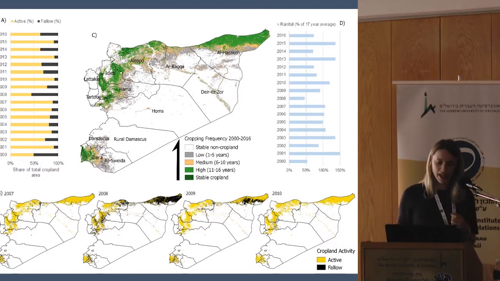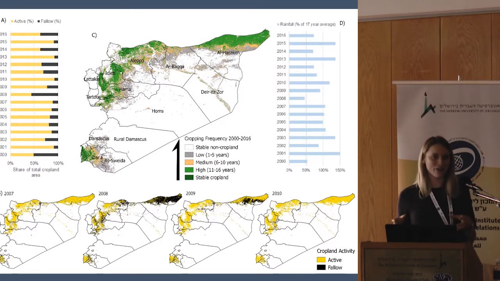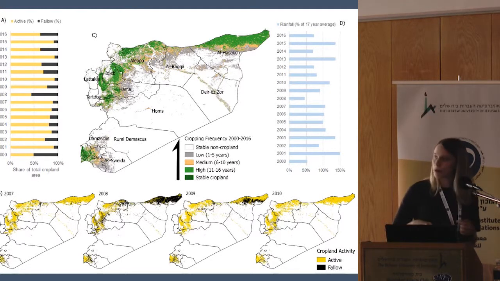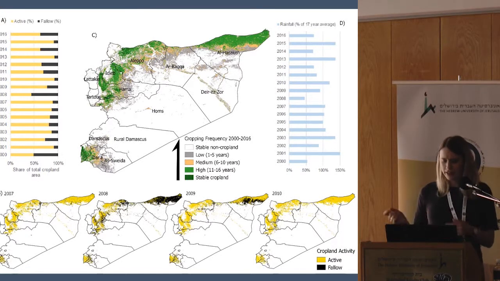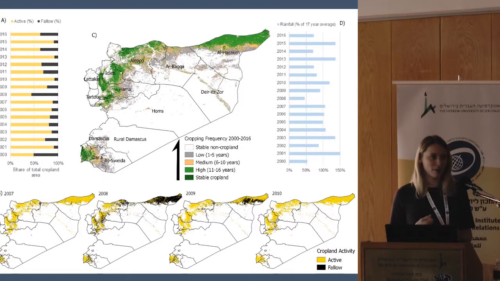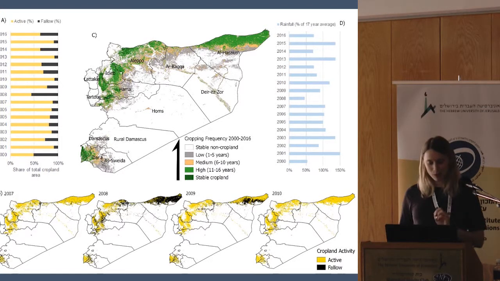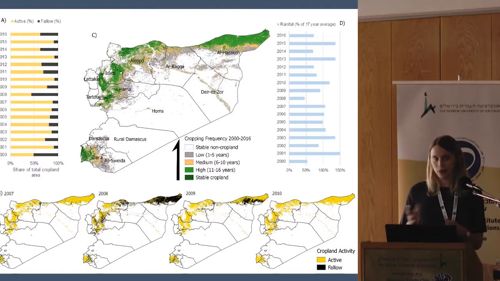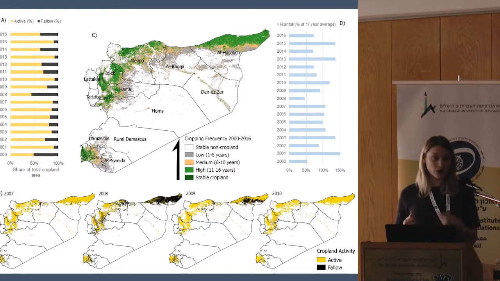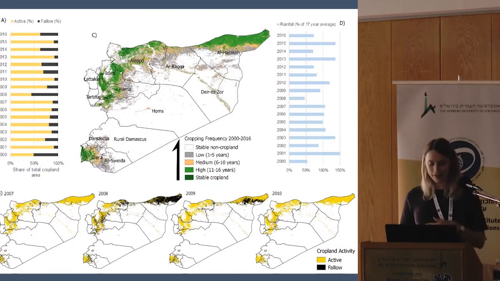But then in 2009, you see some recovery, and in 2010, you have a really high share of cropland that is active again. And if we go to the maps in the bottom, you see where these changes are happening. So in 2007, most areas are yellow, it's active. In 2008, you see that in the northeast, in Al-Hasaka, you have a strong decrease in active cropland.